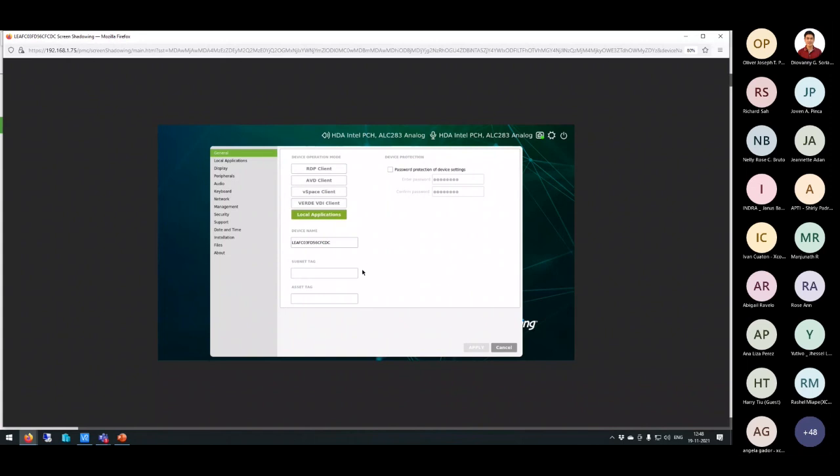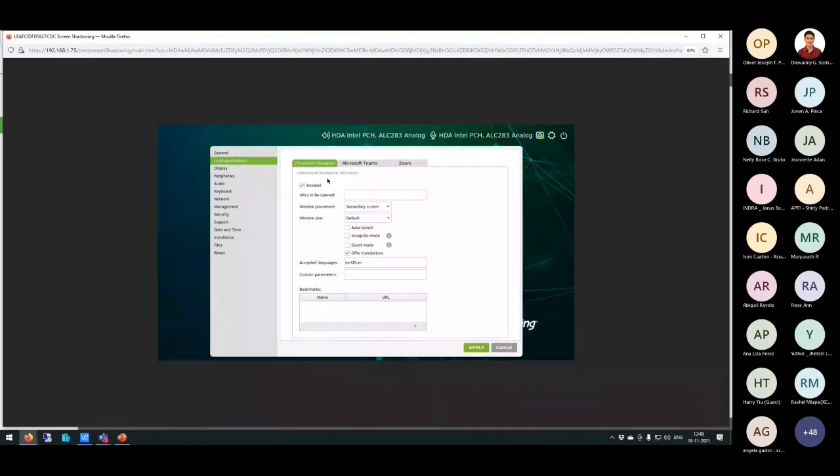In Leaf OS, the GUI is similar to RX 420 RDP. Here on the general, on the operation mode, you have local applications, and once you select that, you go to the local applications. Here you have multiple customization options where you can enable the local applications.